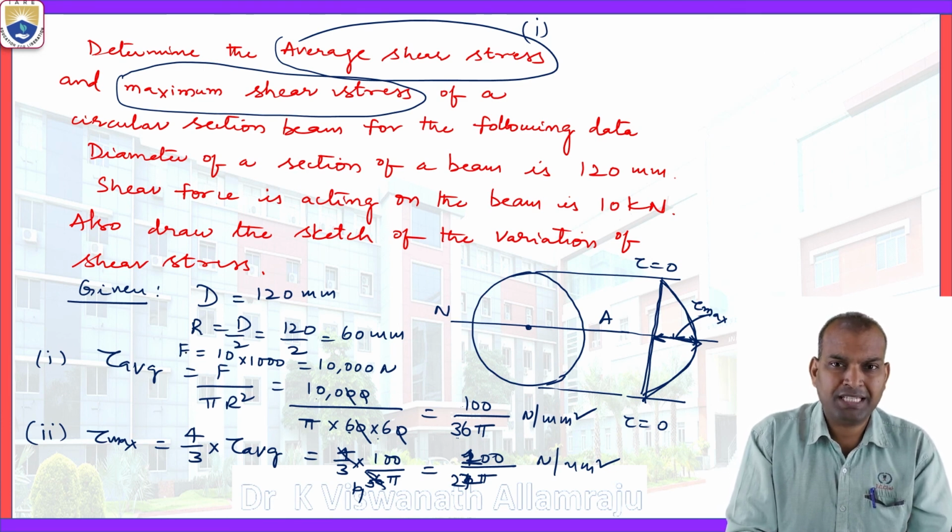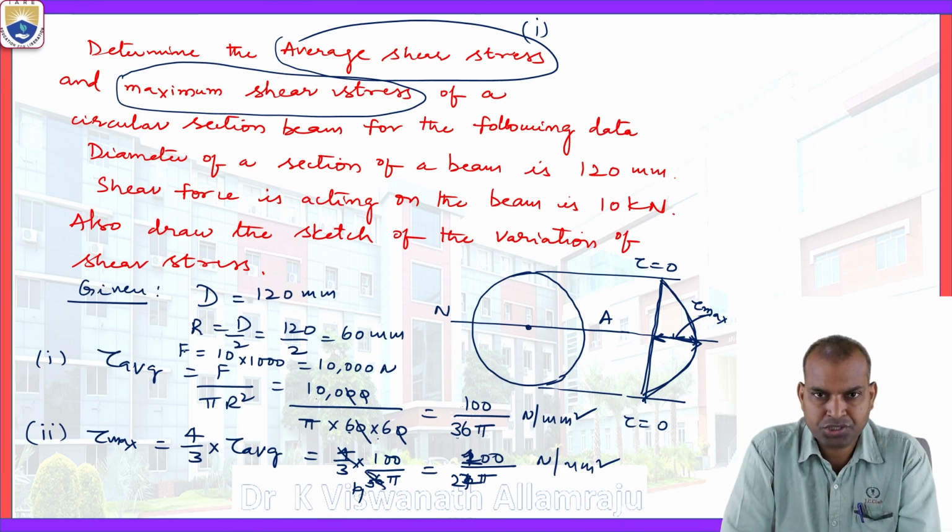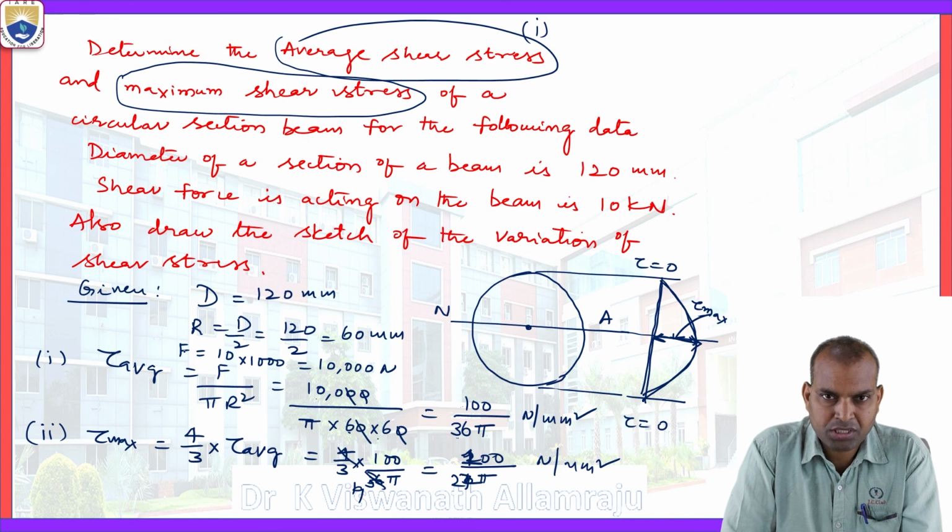We also found the relation between the maximum shear stress and average shear stress: the maximum shear stress equals 4/3 times average shear stress. We applied those derived formulae in the problems, and calculated the average shear stress, maximum shear stress, and the variation of the shear stress.